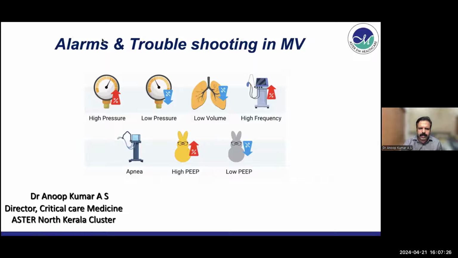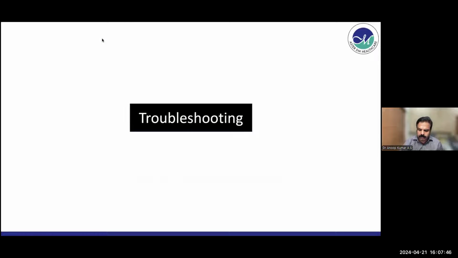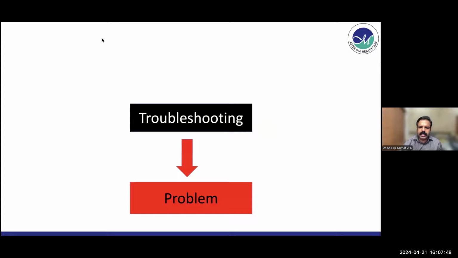Rather than keeping only to pressures and troubleshooting related to common ventilator aspects, we'll be covering a bit more extensively the different aspects of clinical deterioration or other issues we face during mechanical ventilation. As far as troubleshooting is concerned, we have to identify that there is a problem.